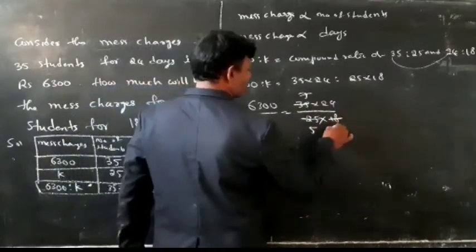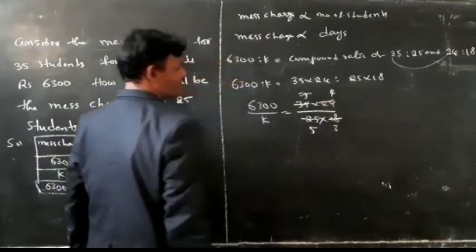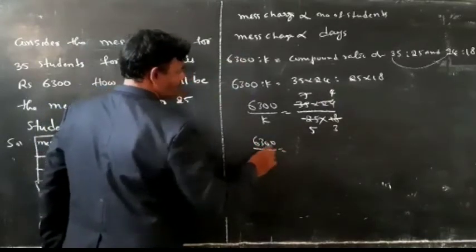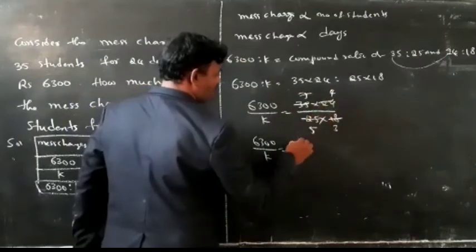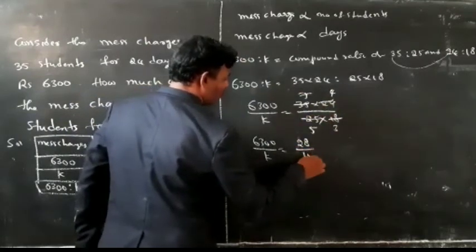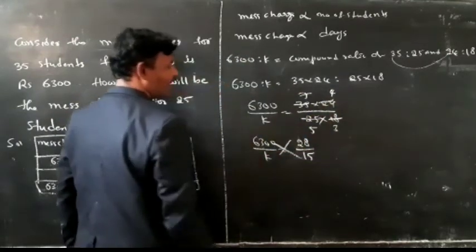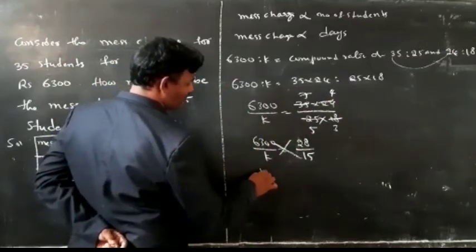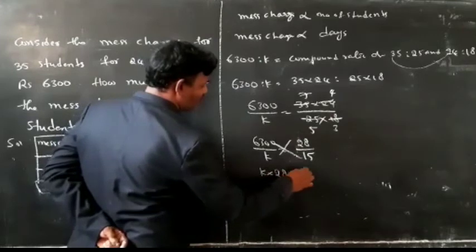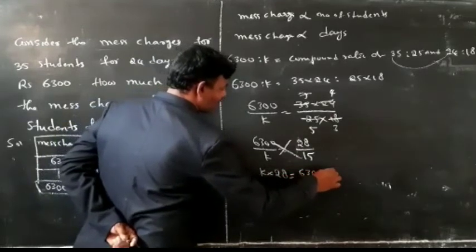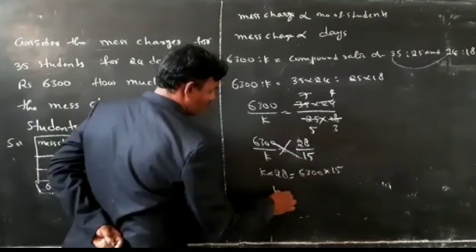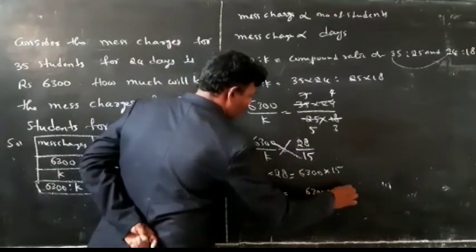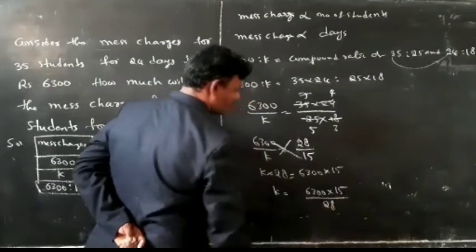Next, 6 3s are 18, 6 4s are 24. 6,300 by k is equal to 7 into 4 is 28 by 5 into 3 is 15. Now do the cross multiplication. By doing that, what do you get here? K into 28 is equal to 6,300 into 15. K is equal to 6,300 into 15 by 28.